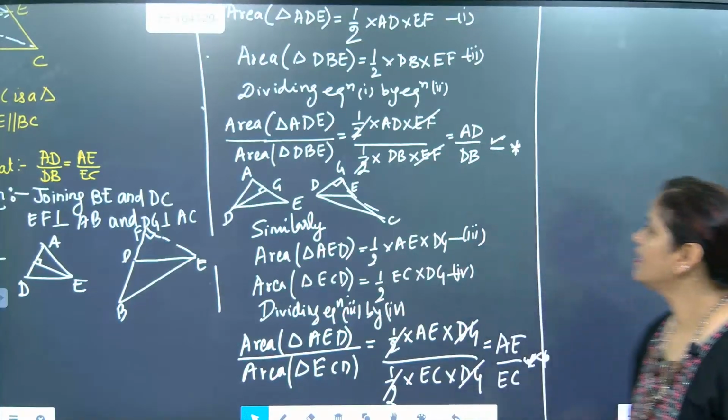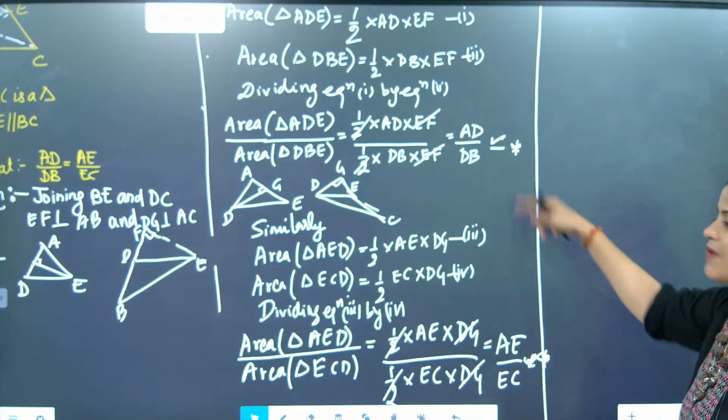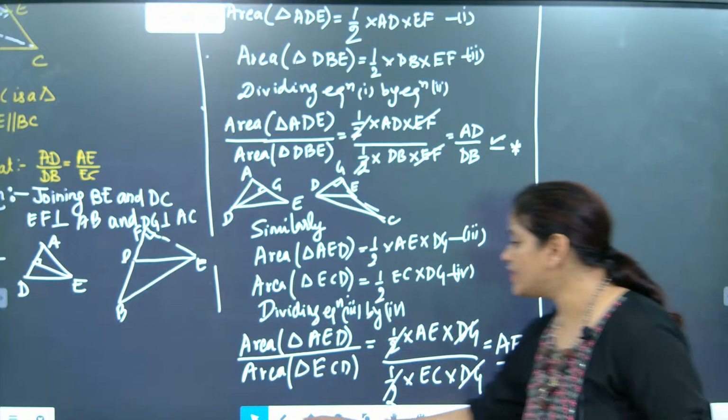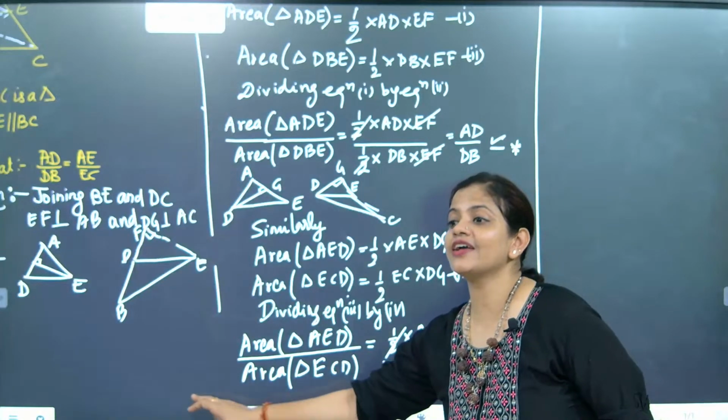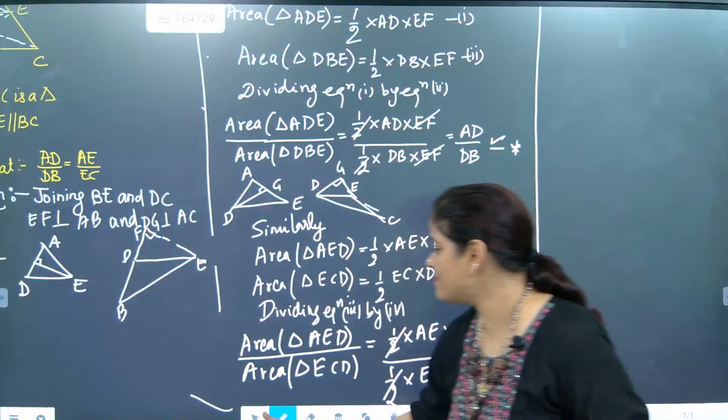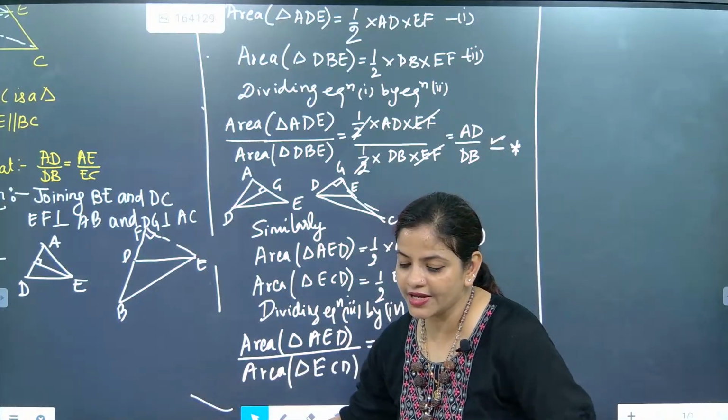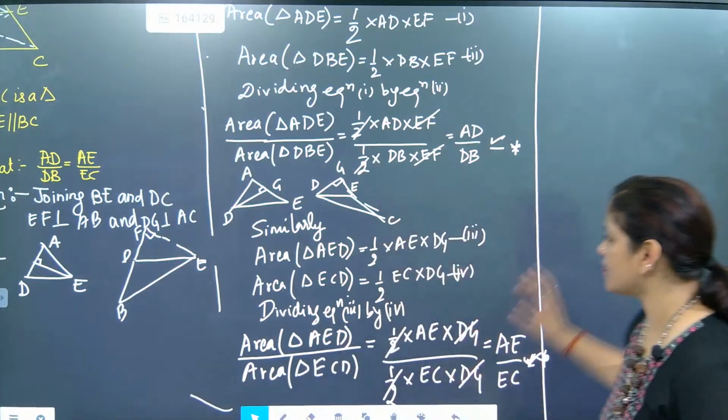Done, beta? Now look at it. So once this part is coming, now what theorem are we going to write? We must write that triangles on the same base and between the same parallels are equal in area. Got it?